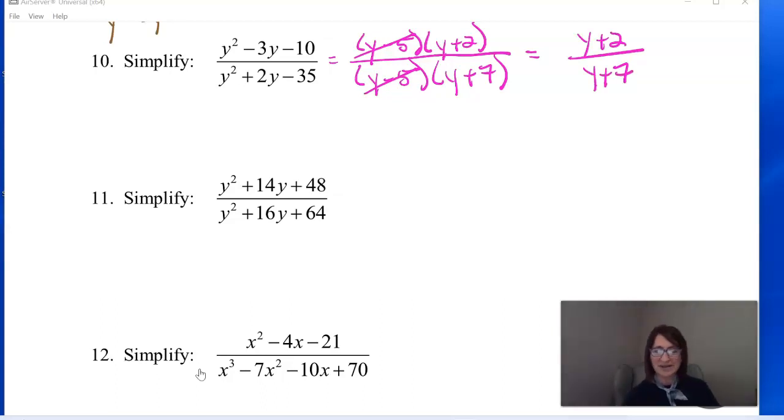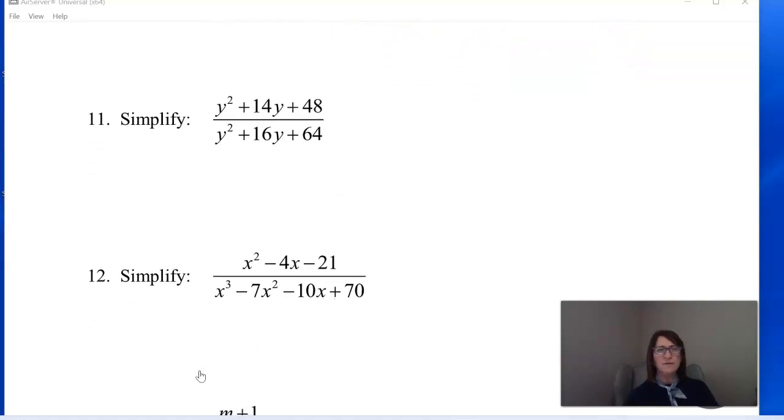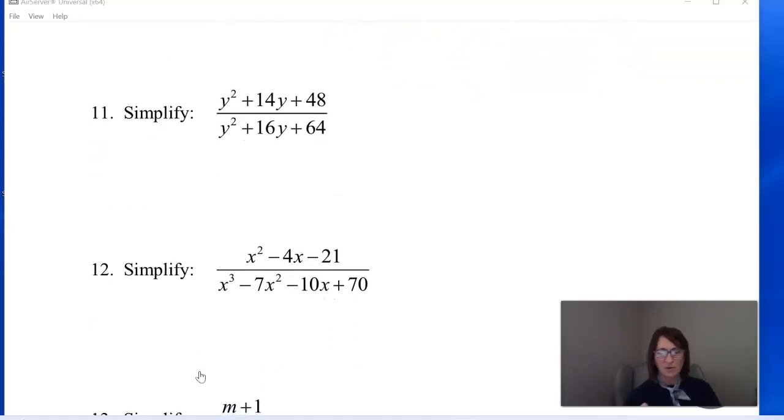Let's do number 11. So that one, we are going to factor the numerator. I'm going to use 6 and 8. So that's going to be y plus 6, y plus 8.